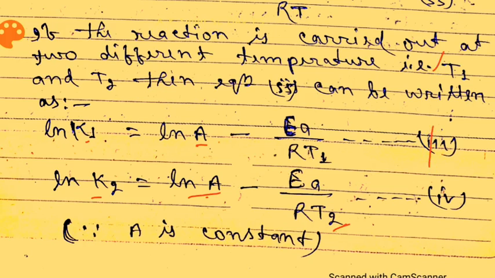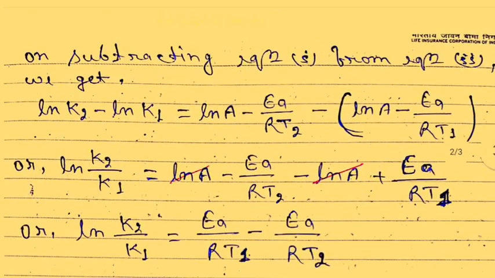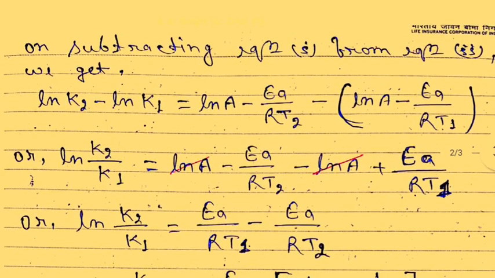How can we get single equation? If equation 3 is subtracted from equation 4, then we get ln K2 minus ln K1 is equal to ln A minus EA by RT2 minus, and again we have to write it in bracket, ln A minus EA by RT1.